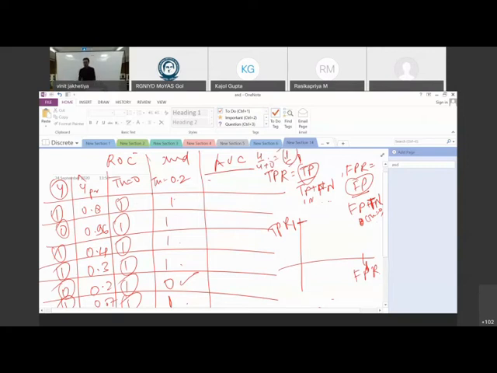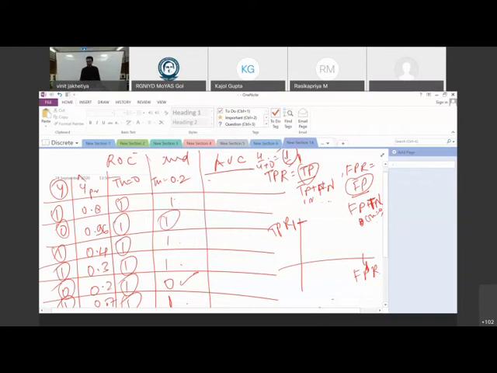How about the value of the false positive rate? Pretty simple. We need to find out the false positive first. I think this is correct, this is false positive 1. We only have one false positive.